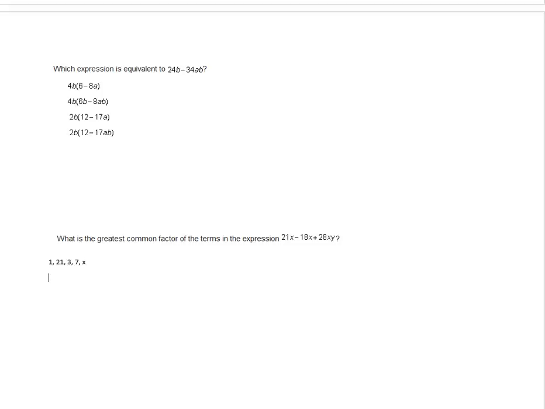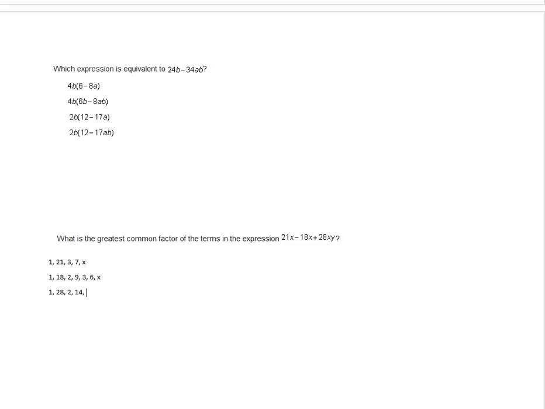If we look at 18, we have 1 and 18, of course, are factors. 2 and 9, and 3 and 6, and of course we have the x from that term as well. And then from the last term, 28, we get the numbers 1 and 28, and 2 goes with 14 to make 28.